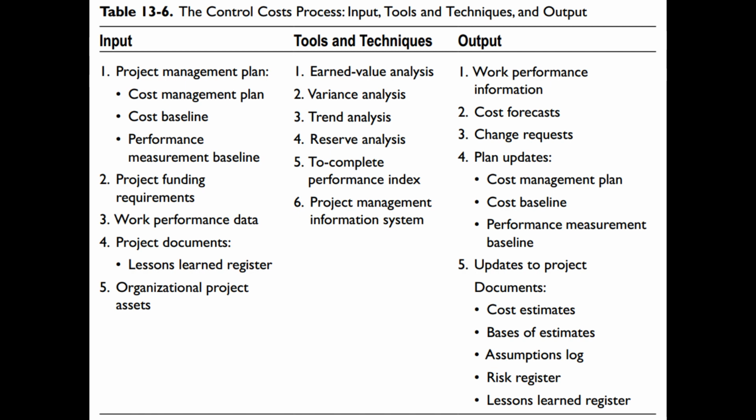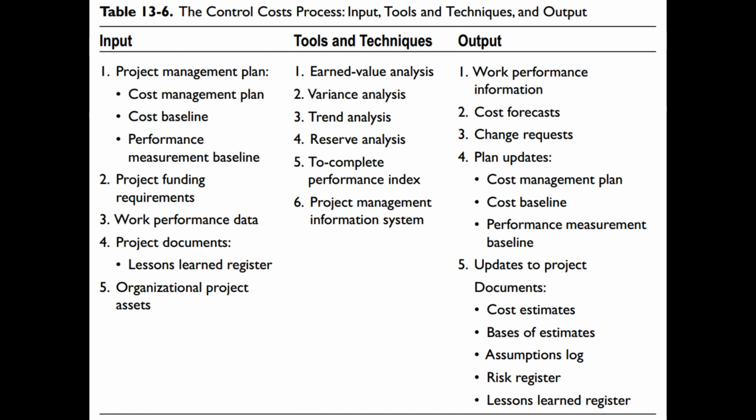5. Organizational process assets. Tools and techniques: 1. Earned value analysis. 2. Variance analysis. 3. Trend analysis. 4. Reserve analysis. 5. To-complete performance index. 6. Project management information system. Output: 1. Work performance information. 2.